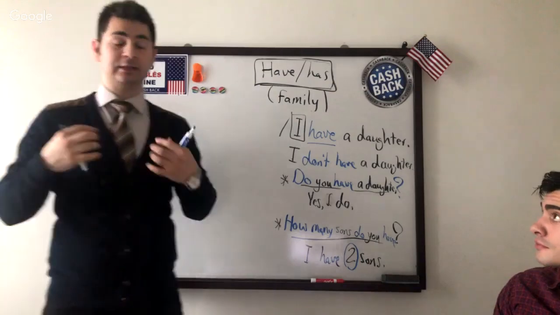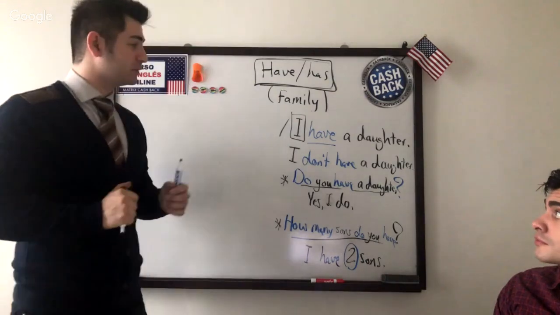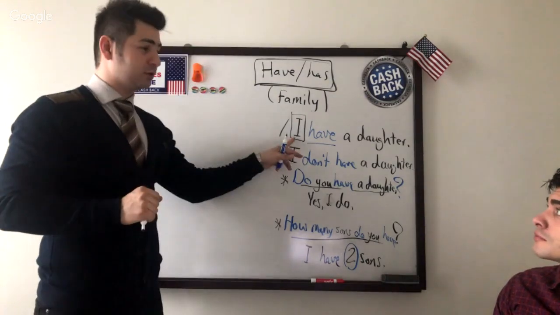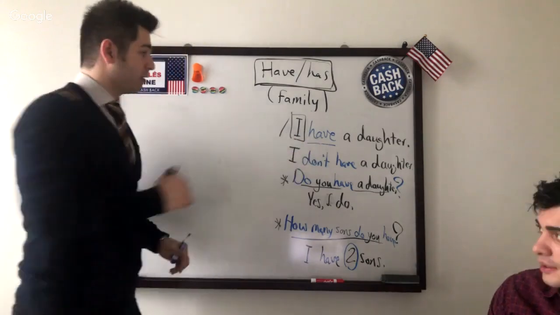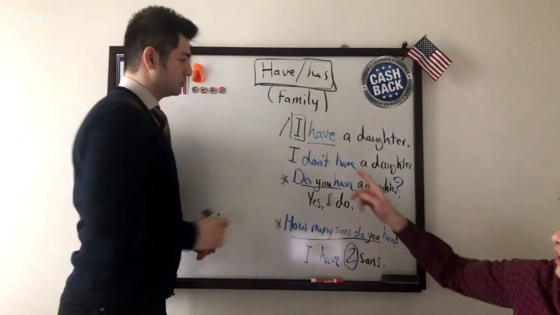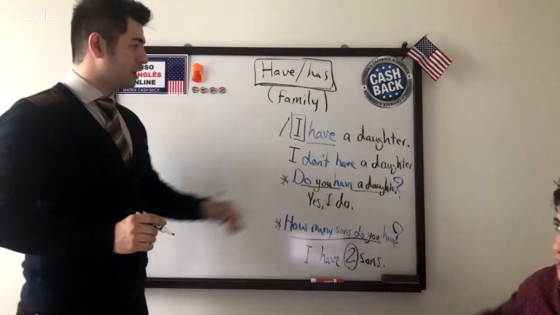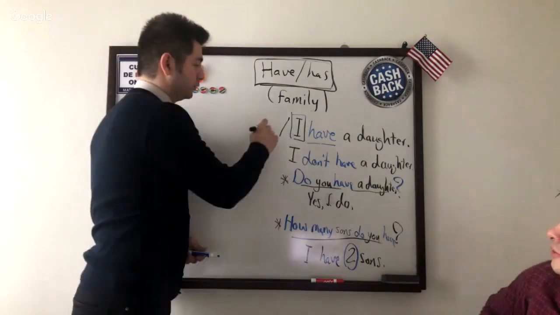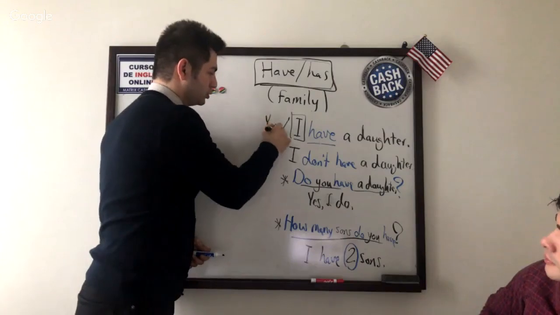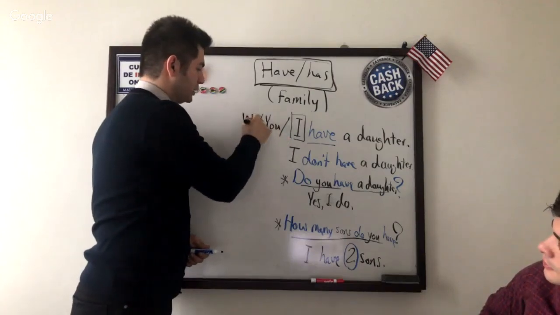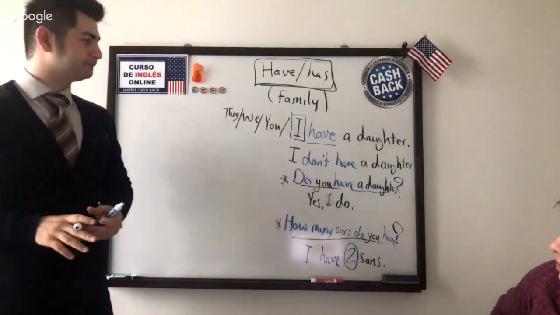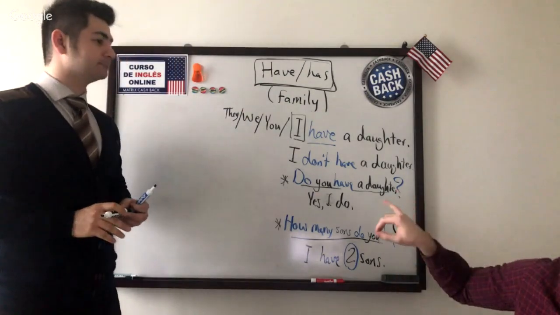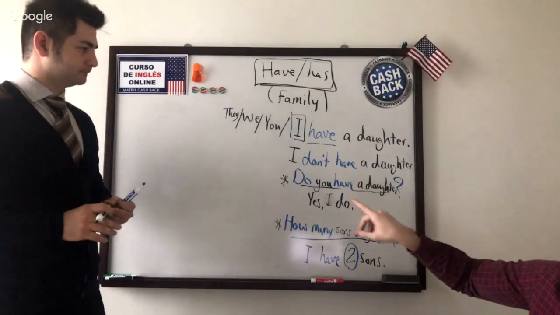The sentence begins with the subject. The subject of the sentence is I. Então, sempre que nós temos o sujeito eu, we also use have, you, and we, and they. Have, quando nós temos eu, você, nós ou eles.